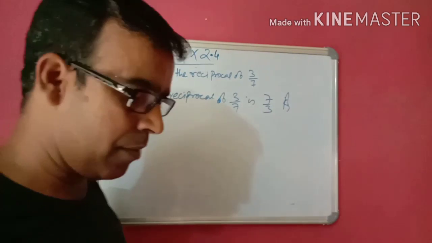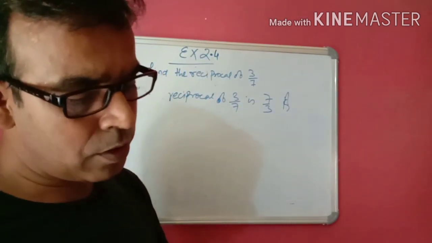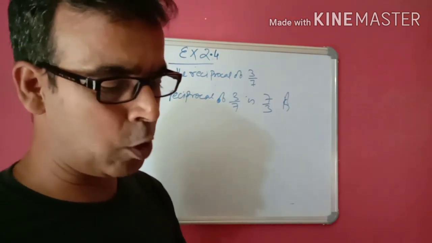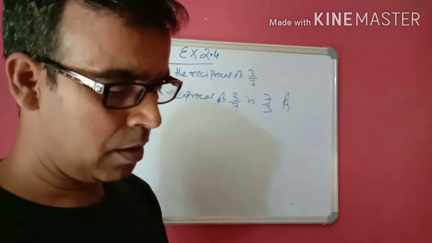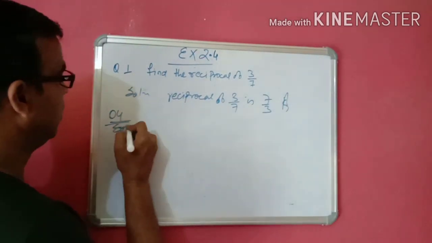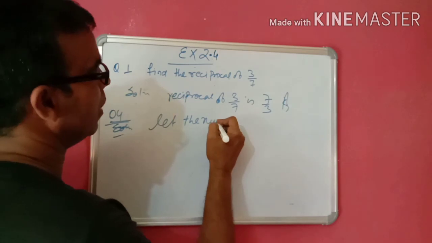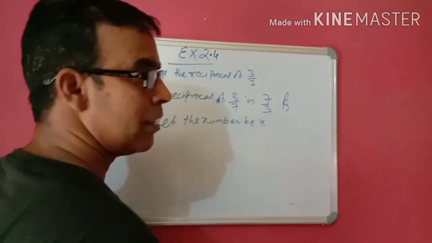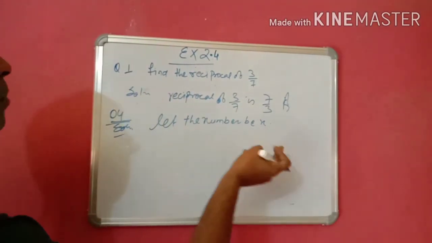Question number 4, according to your book, it is given: by what number should 4 whole 7 by 8 be multiplied to get 87 whole 3 by 4? So what number do I have to multiply? I don't know, so let the number be x.